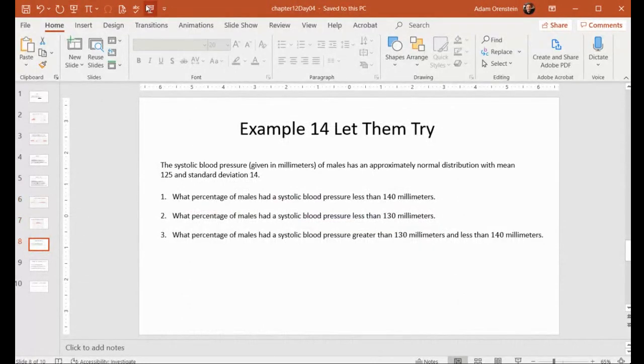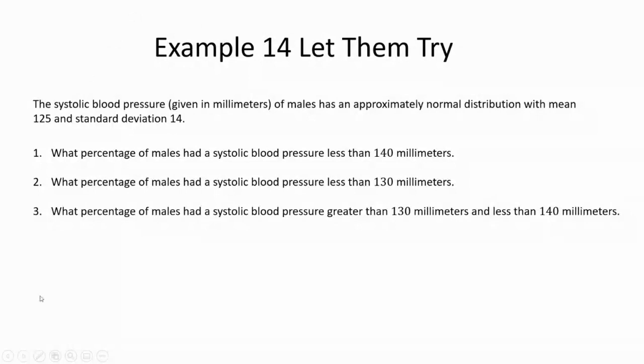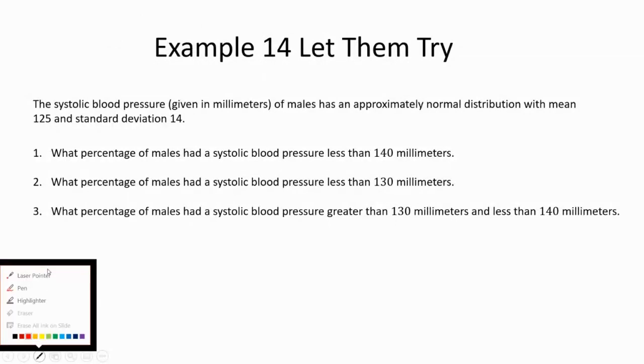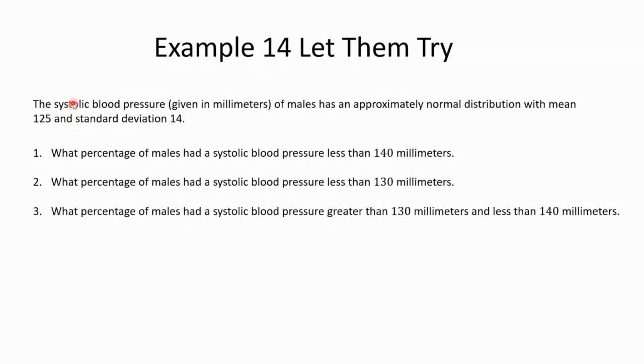Okay, so this is actually another word problem from the textbook. I don't know if I'm pronouncing this word right, but I think it's systolic. But the systolic blood pressure of males, they tell us, has an approximately normal distribution with a mean of 125 millimeters and standard deviation of 14 millimeters.